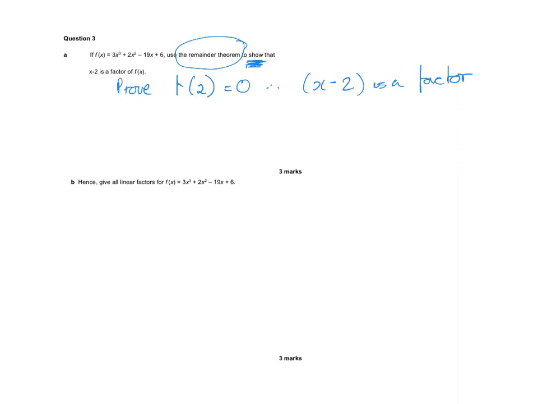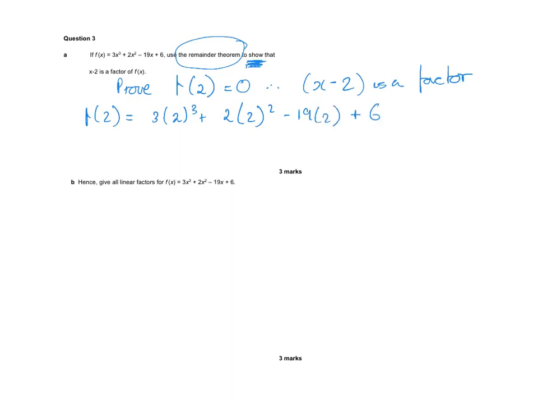So how do I do that? Well, then I'm looking at the left-hand side there of the equation. So it's going to be f of 2 is equal to 3 times 2 cubed plus 2 times 2 squared minus 19 times 2 plus 6.